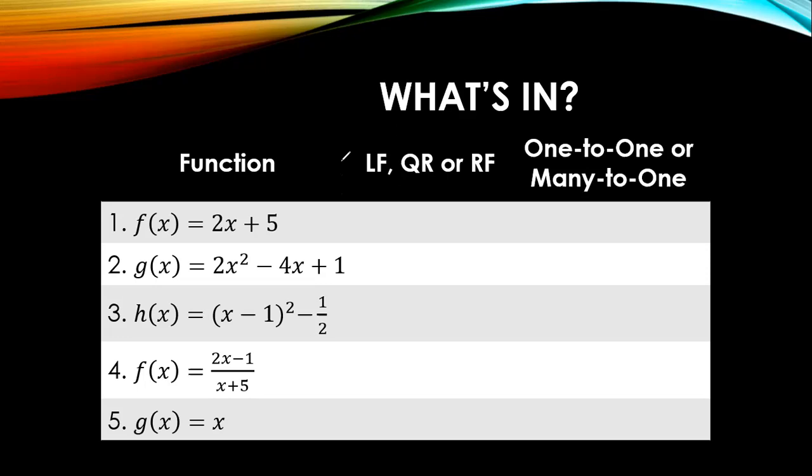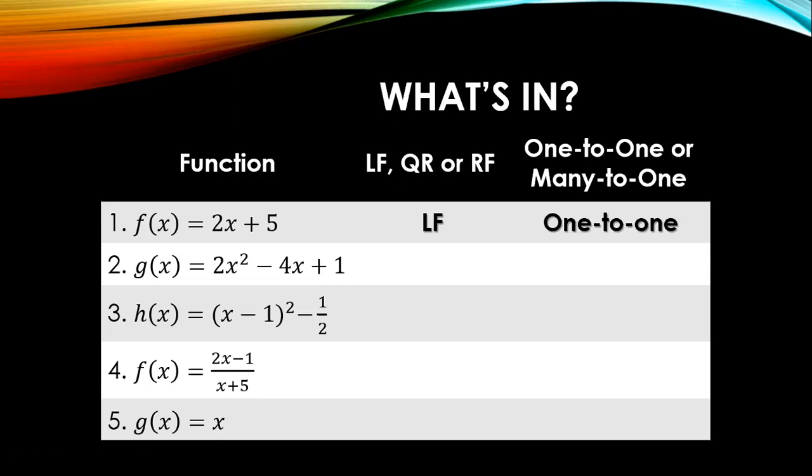And ang degree ni x ay just 1. So ang nakikita nating highest exponent dito sa number 1 is 1, no? So this is considered a linear function. And a linear function is always one-to-one.